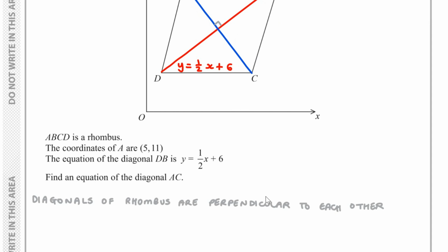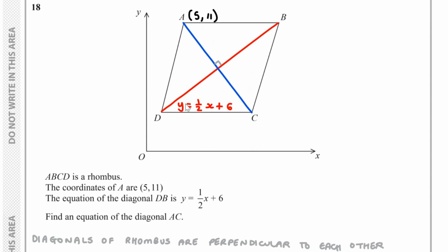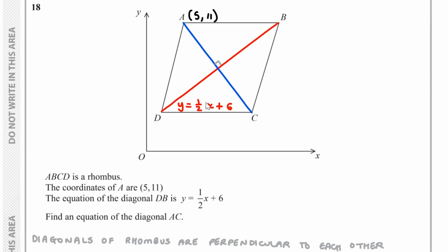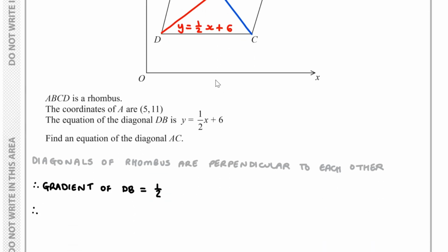So the diagonals of a rhombus are perpendicular to each other. So if we know that the equation over here is y equals 1/2 x plus 6, that means that the gradient of BD is equal to 1/2, and because the line AC is perpendicular to BD, we can therefore conclude that the gradient of AC is perpendicular to this gradient.